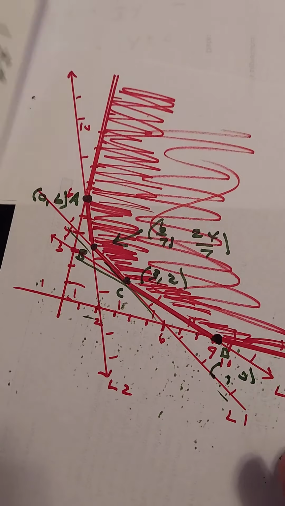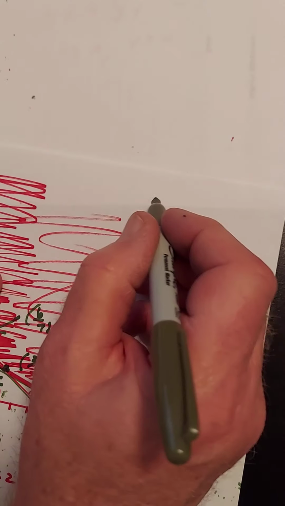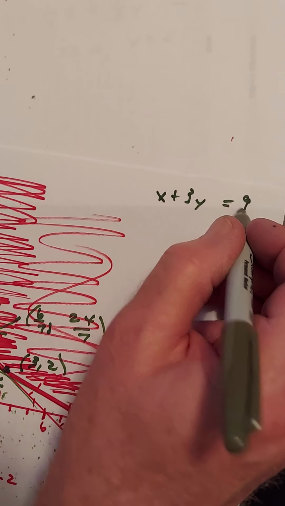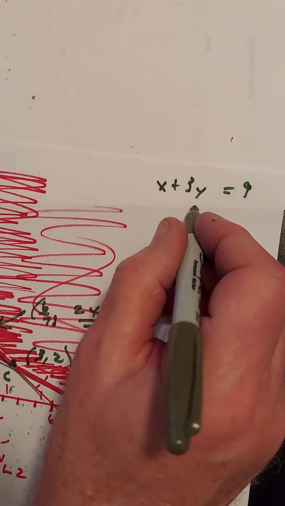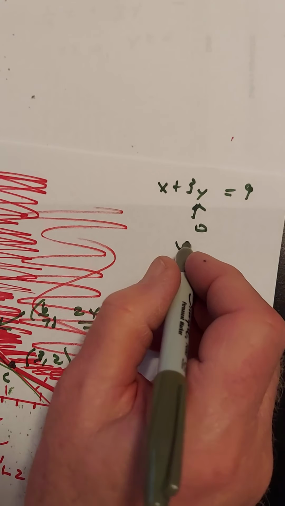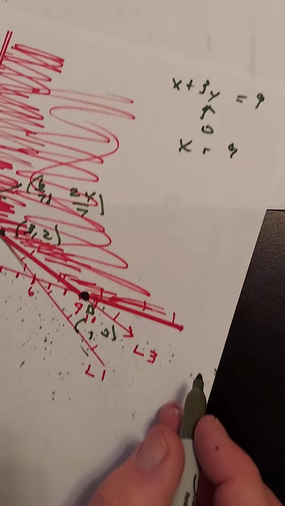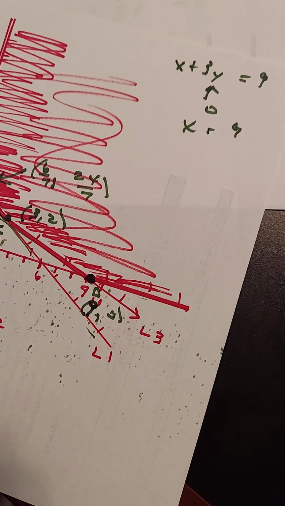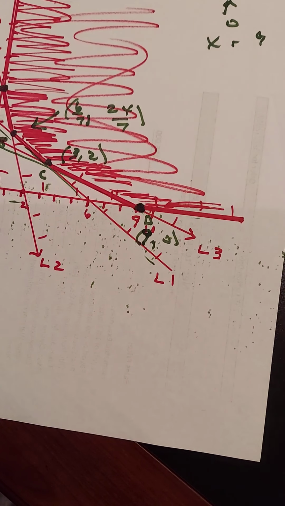So if you go back to L3, we'll put it up here. L3 was x plus 3y equals 9. So if I put a 0 in right there, x is equal to 9. So this point is the point 9, 0, which is the same as that intercept I found a few minutes ago.